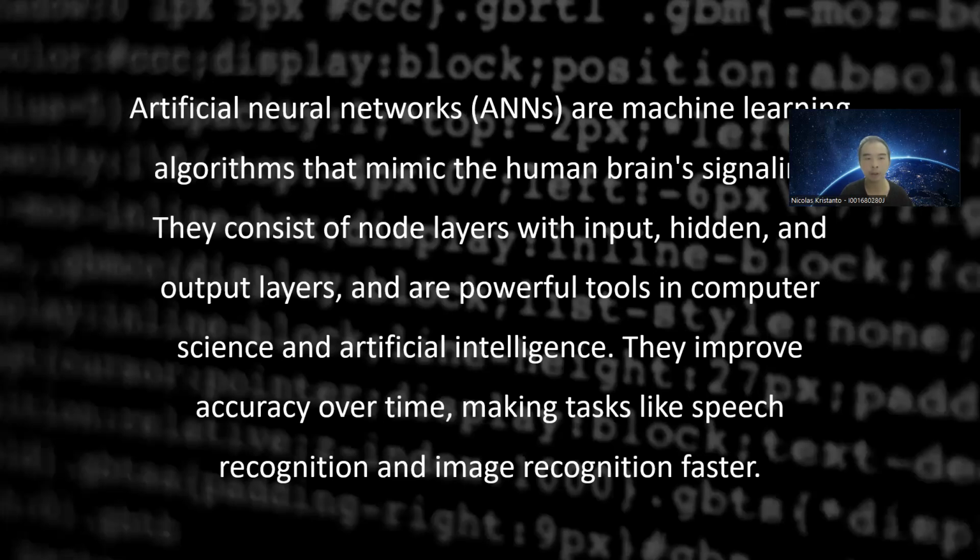And artificial neural networks are powerful tools in computer science and artificial intelligence. There are many powerful tools in computer science and artificial intelligence, but one of them is artificial neural network. Why? Because they improve accuracy over time, which makes tasks like speech recognition and image recognition faster.